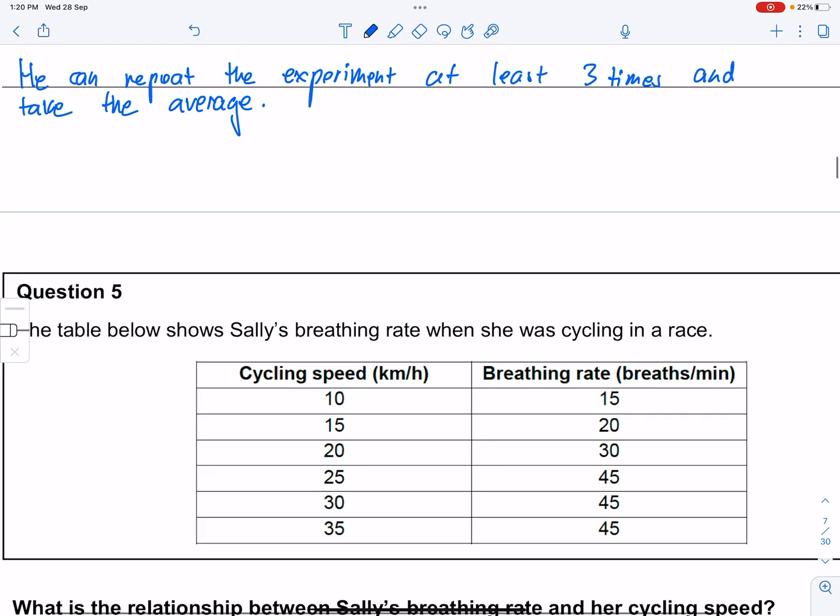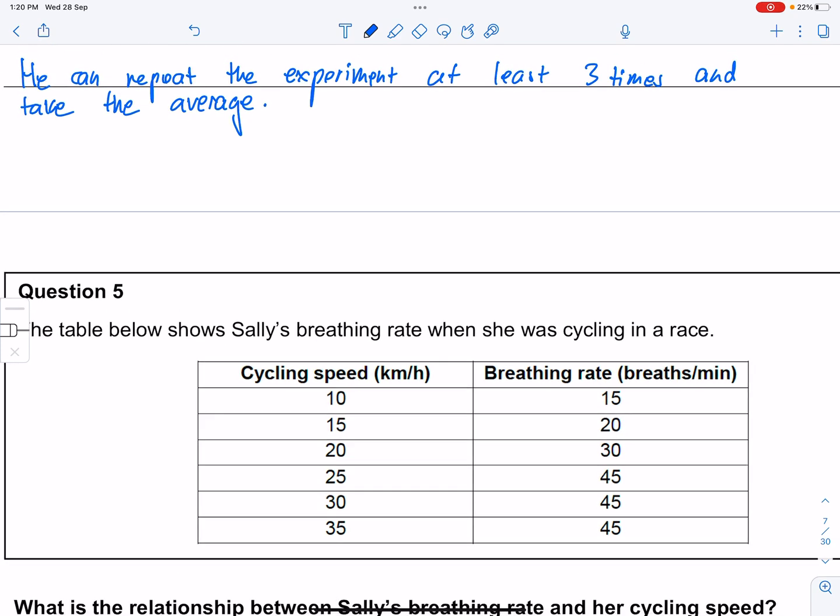Okay, next question. Question 5. This is very important. Look carefully here. The table shows Sally's breathing rate when she was cycling in a race. So you realize for this straight away, you need to identify your cause and effect. So if you're not careful, you might have identified the breathing rate as your change variable because it came first.